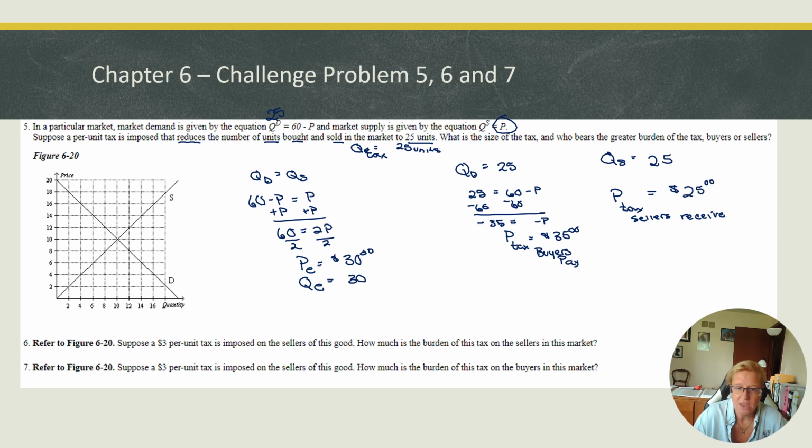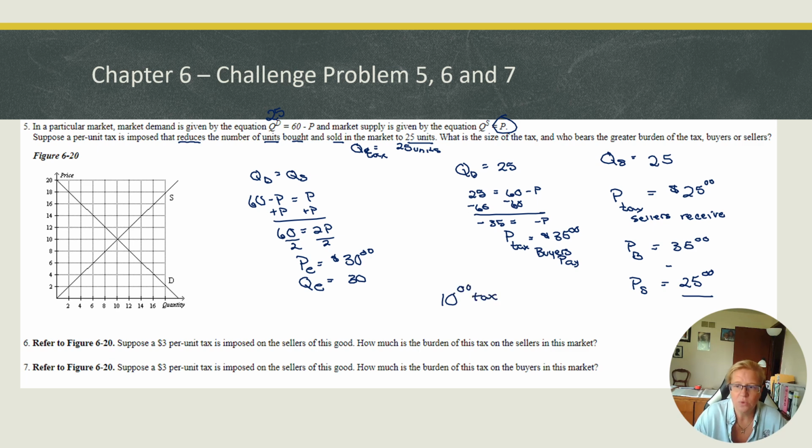Okay, so the price buyers pay is going to be 35. Price sellers receive is going to be 25. The difference between those is that tax wedge. So 35 minus 25 is going to be a $10 tax.